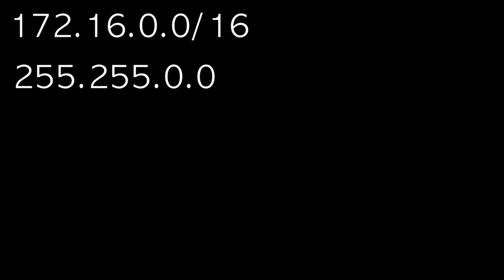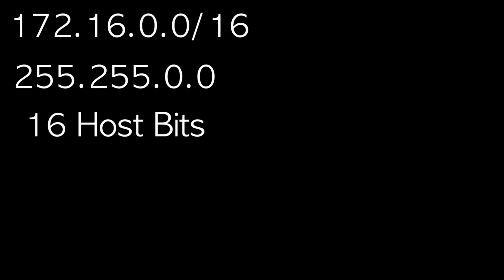So let's look at increasing our usable hosts on a subnet. You'll see on a 172.16.0.0 network, there is a /16 slash notation. This equates to 255.255.0.0 or 16 binary ones. This gives us 16 host bits available. 2 to the power of 16 is 65,536.